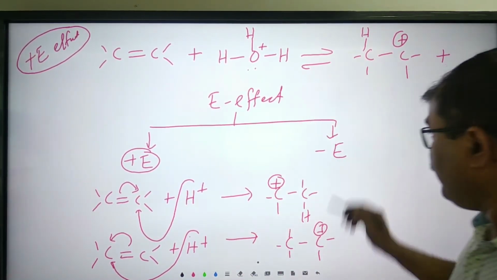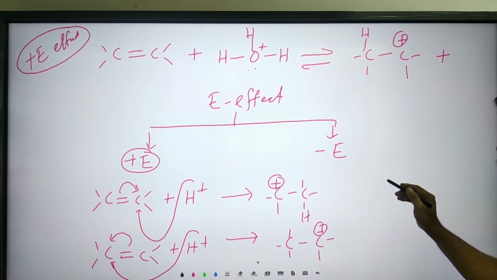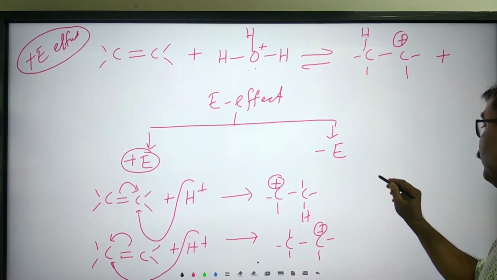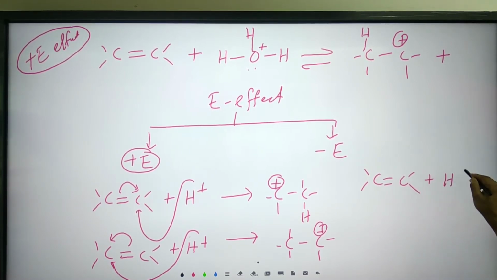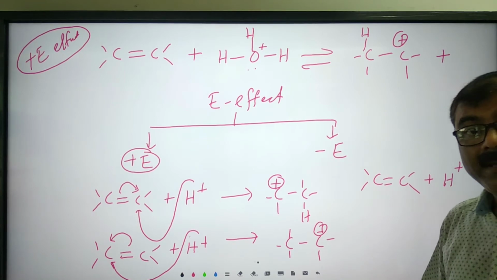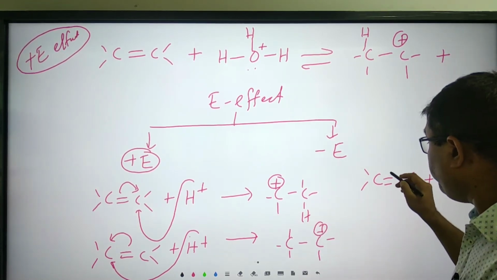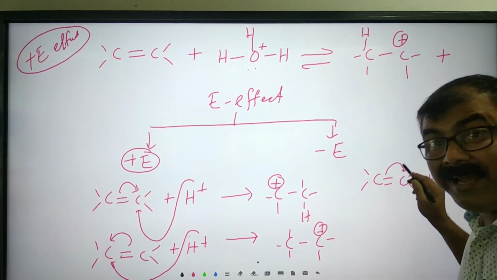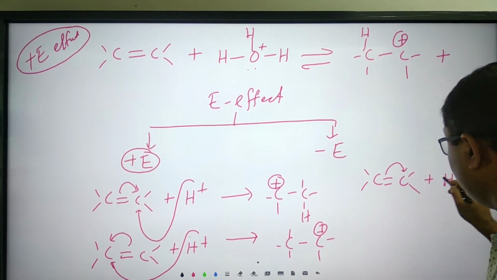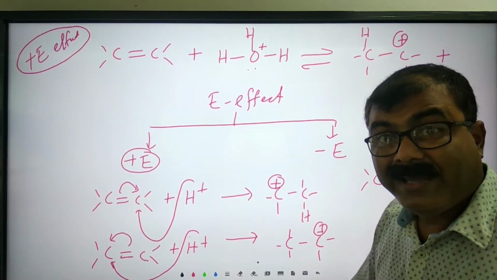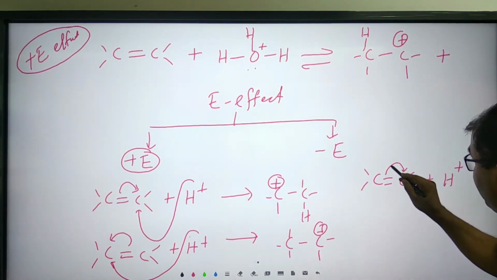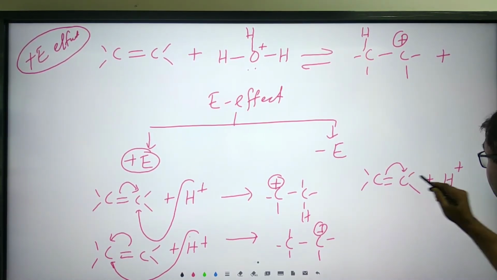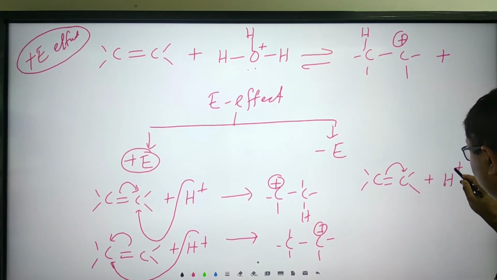But minus E effect is just opposite. In case of minus E effect, here the transfer of pi electrons takes place to that atom to which the attacking reagent does not attach. Pi electron transfer is taking place to this carbon, so the attacking reagent will not attach here.